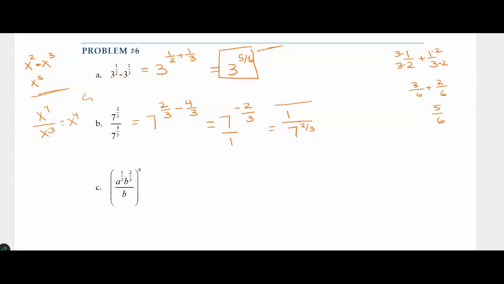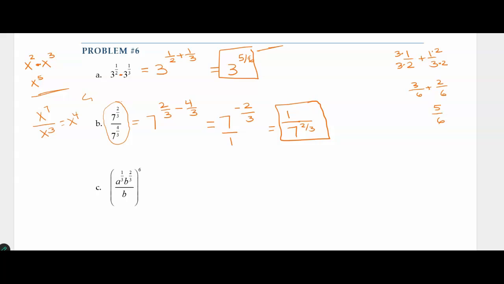And then you could just leave your answer like this. It's not wrong to change that to a radical, but usually if your question starts off with fractional exponents, they'll want you to leave it as fractional exponents unless they're specifically asking you to rewrite them as radicals or simplify using radicals.